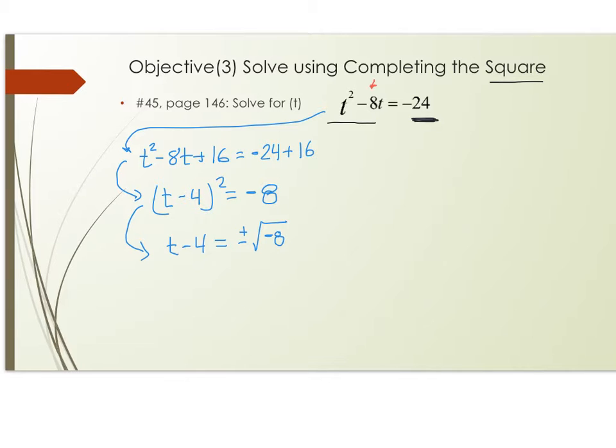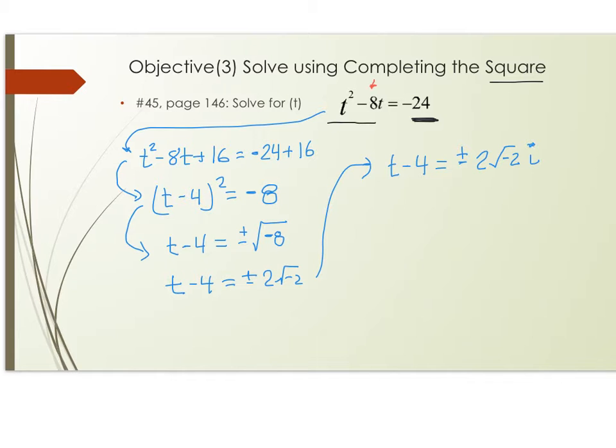So we have t - 4 is equal to plus or minus 2. I can take a 4 out, and I'm left with a negative 2. And now I have t - 4 is equal to plus or minus 2 times the square root of negative 2, which is 2i square root of 2.